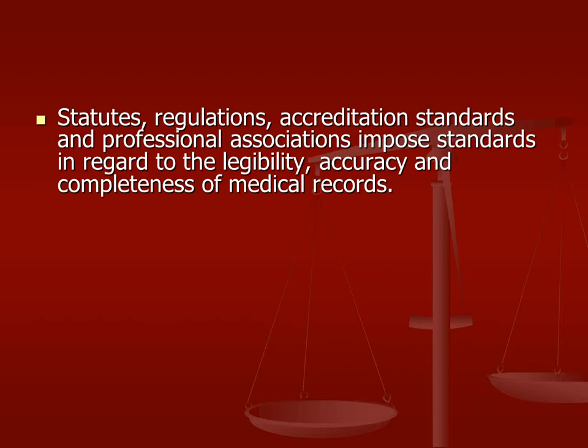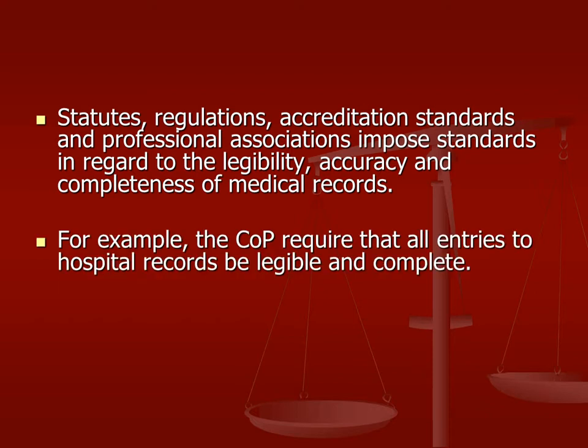So the legibility, the accuracy, and completeness of records are all addressed in laws on the state and federal level, on regulations from administrative agencies, Joint Commission standards, or other accrediting standards, and also recommendations of professional associations.